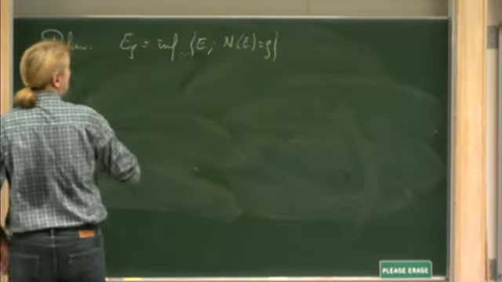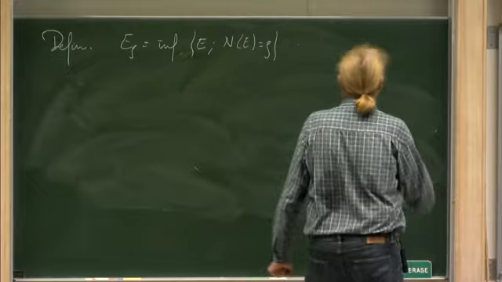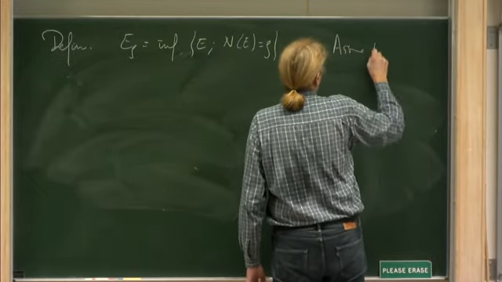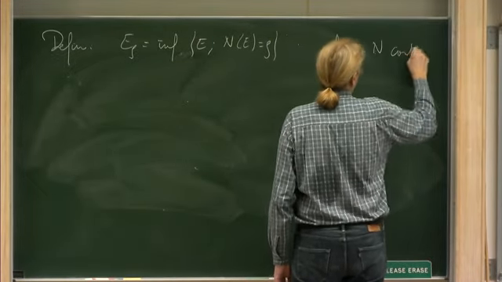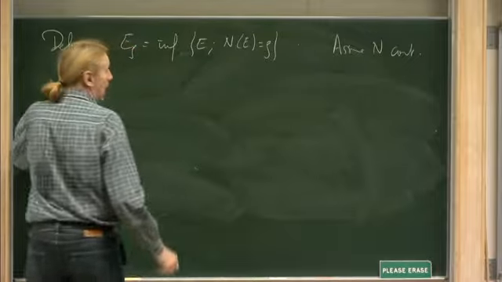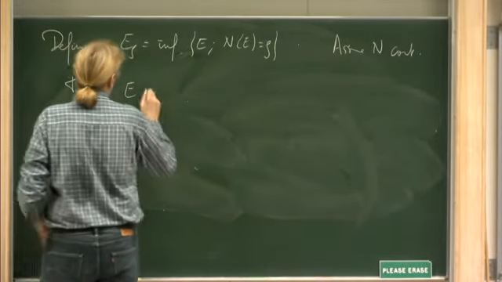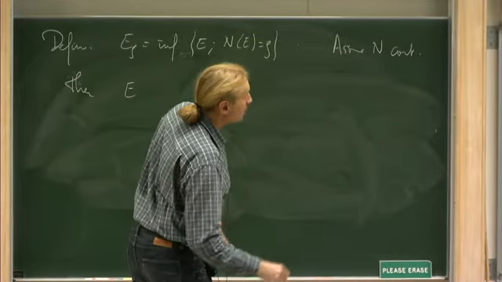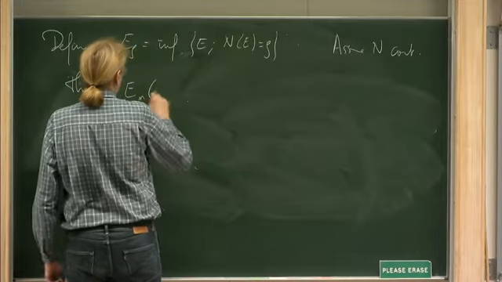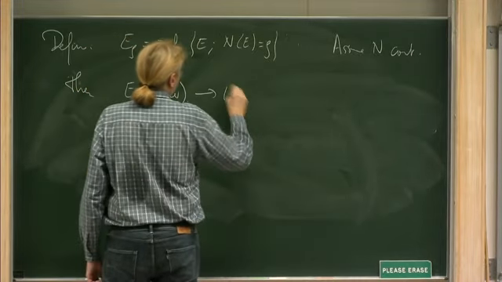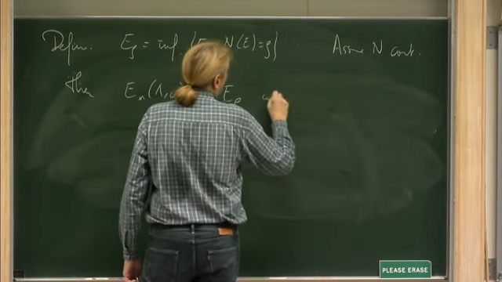And then we assume that the density n of E is continuous, and then you show that E_n^λ(ω) tends to E_rho(ω) almost surely.